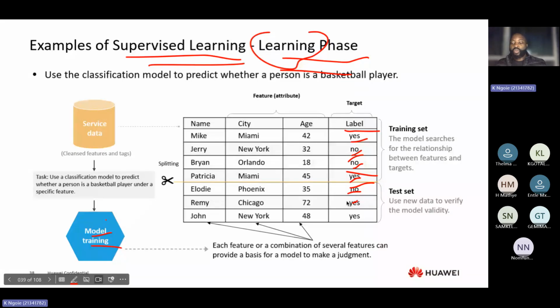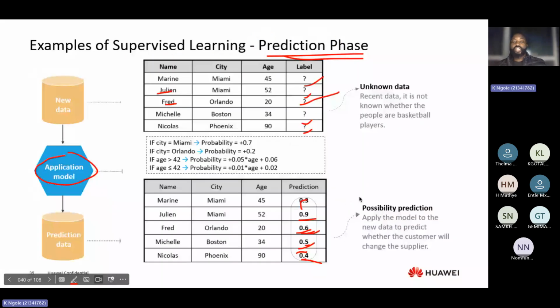But can anybody tell us why, when we're using the model, it's giving us numbers? Not yes, not no. But we were solving a classification problem. Why do we have different numbers? Can anybody tell us what it means? Because it's giving us the probability, 0 being no and 1 being yes.